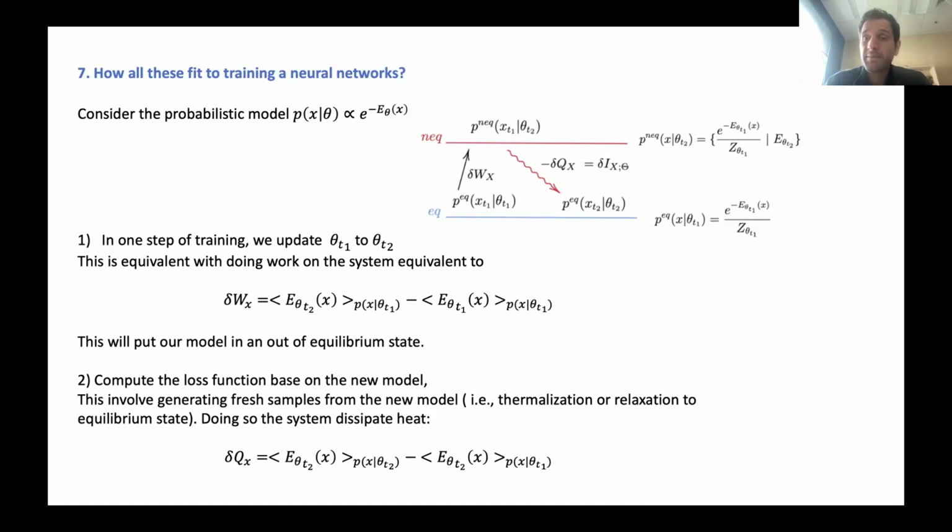And generating fresh samples from your model means thermalization. You thermalize your model, so you take this time for your model to equilibrate, to go back to its equilibrium position, which is a new distribution, new state. And in doing so, the model dissipates heat. And this heat dissipation can be computed as follows.